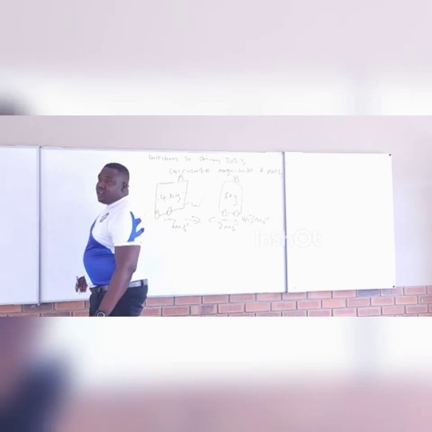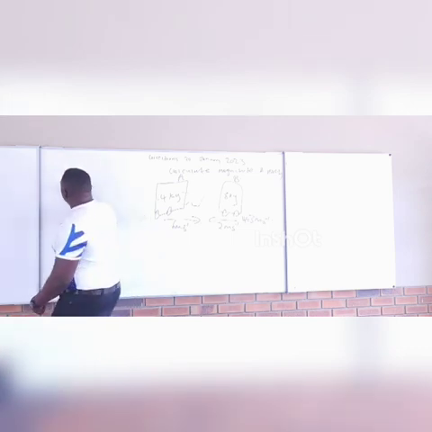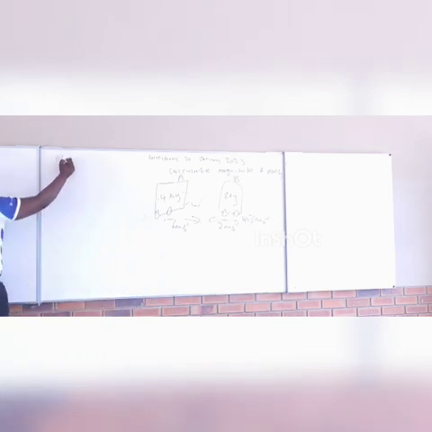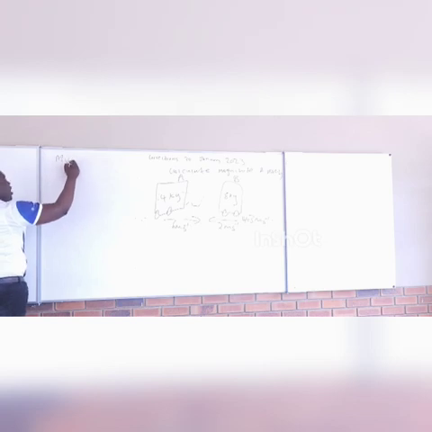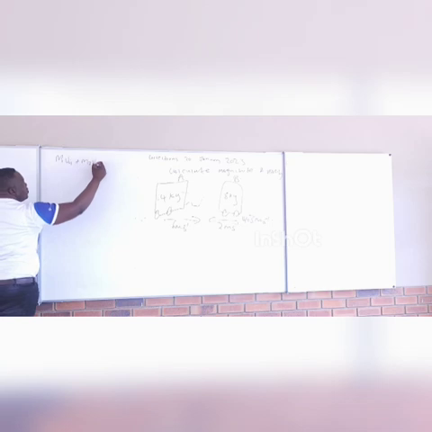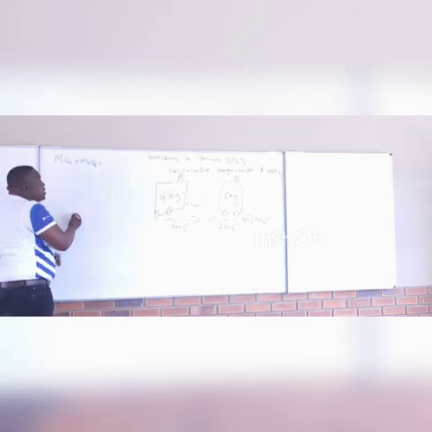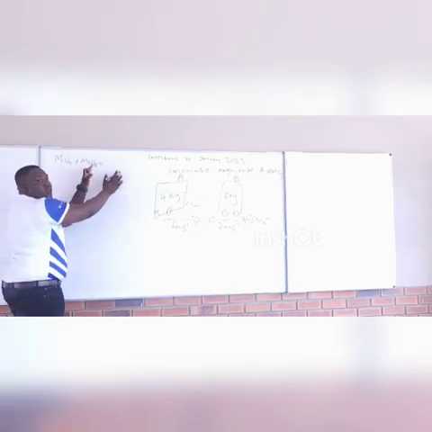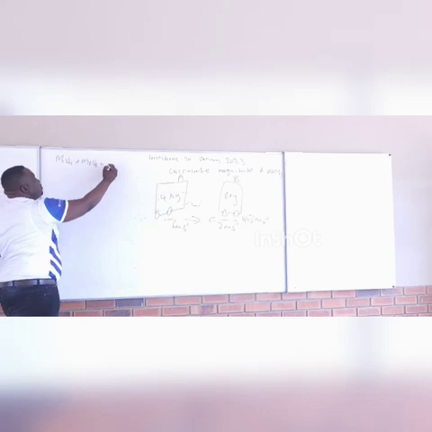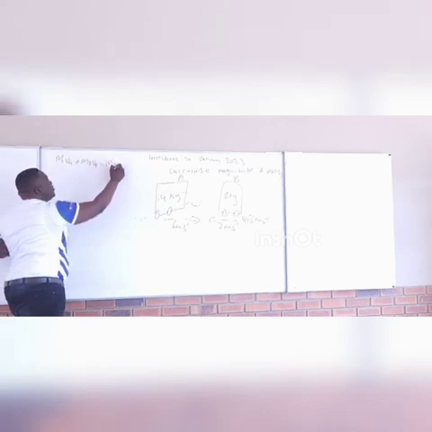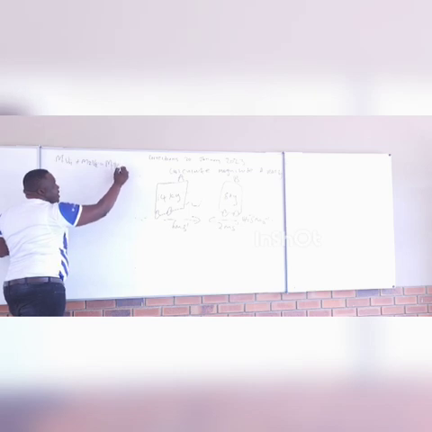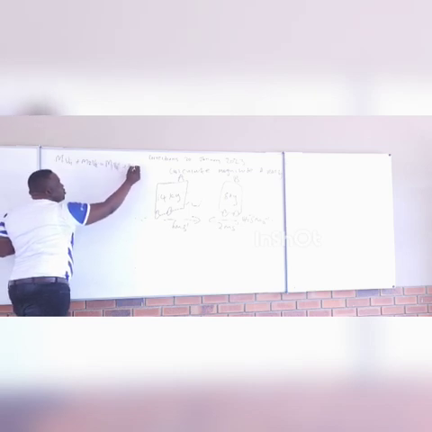The formula which we're going to use is M1 V1i plus M2 V2i. The objects did not join, meaning that we started with 2 objects, we will end with 2 objects. M1 V1f plus M2 V2f.